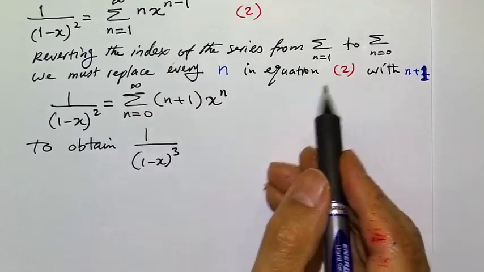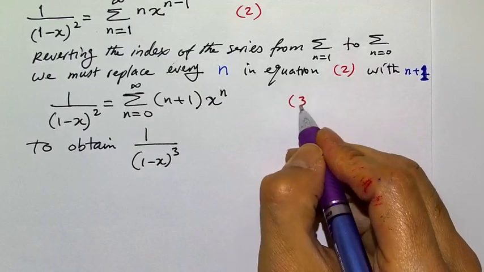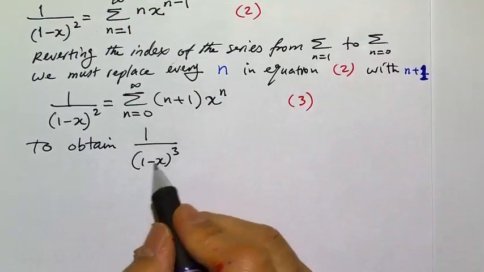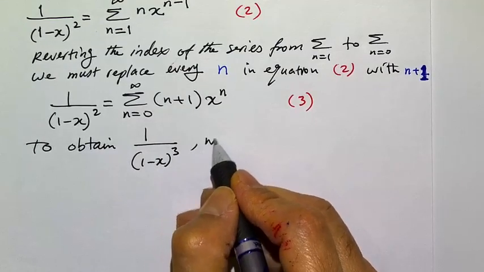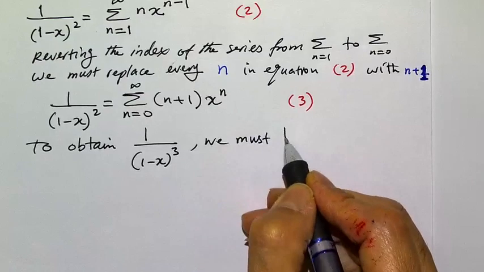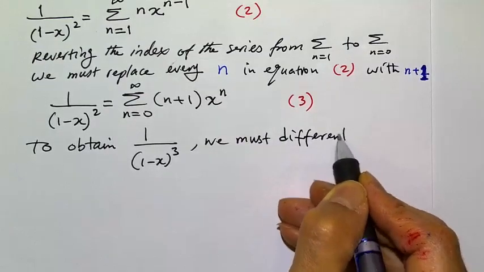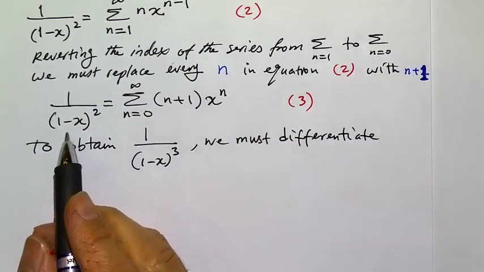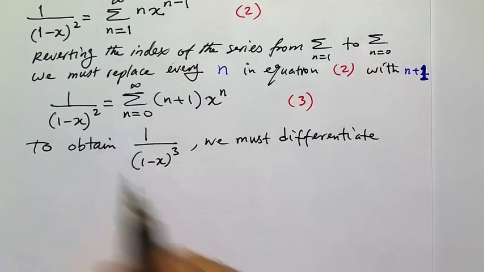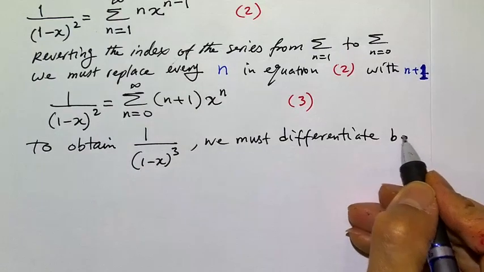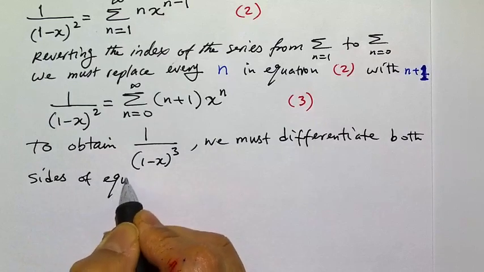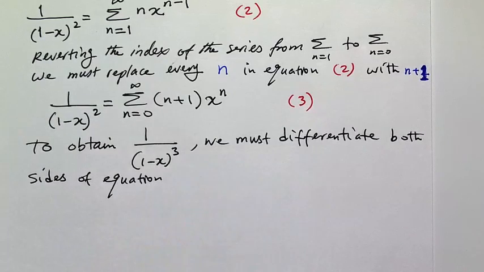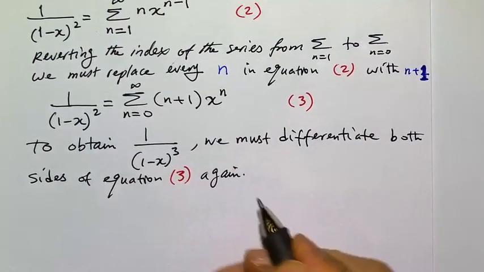And I will call this equation 3 actually. So to obtain 1 over 1 minus x cubed, we must differentiate both sides of this equation 3 again.